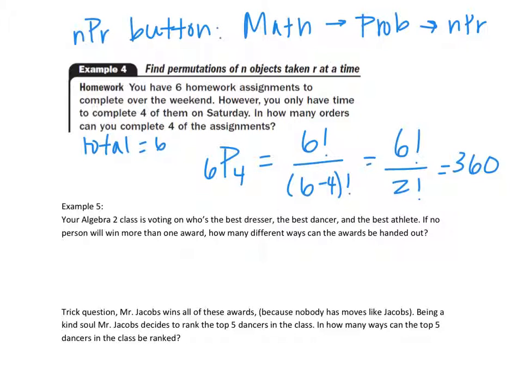So the way you have to do this, and I think it might be a little bit different depending on your calculator. So maybe try this a couple ways, hit the button and see what comes up. But the ones I'm used to using, you have to type the N first. So you have to type whatever your total is first, then hit the NPR button, then type in the R number.